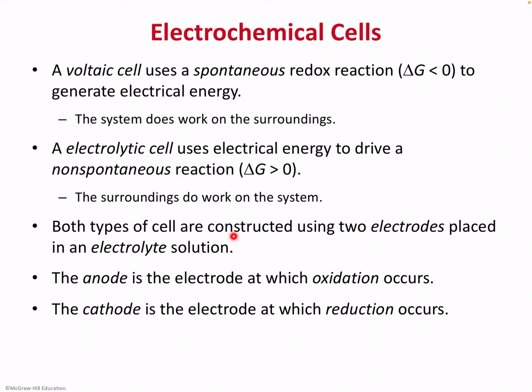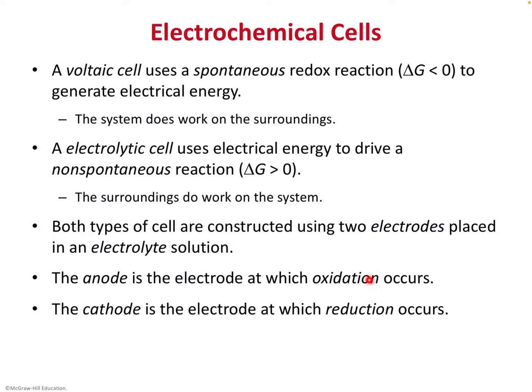Both types of cell are constructed using two electrodes placed in an electrolyte solution. There are some terms that we are going to learn: anode and cathode. Anode is the electrode at which oxidation occurs. Remember, in a redox reaction, there are two parts: oxidation and reduction.